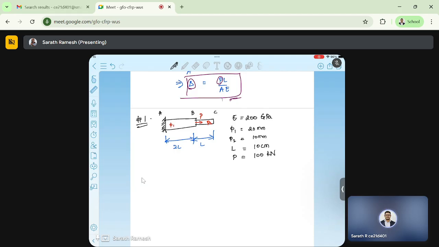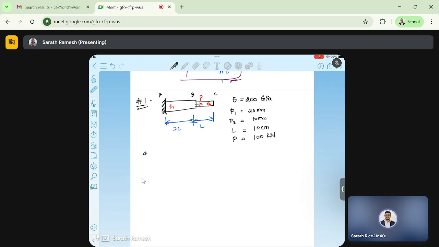Now what we have to find is the displacement at B, delta B equal to what? Similarly, displacement at C, delta C equal to what? And stresses in the AB portion, that is sigma AB equal to what?